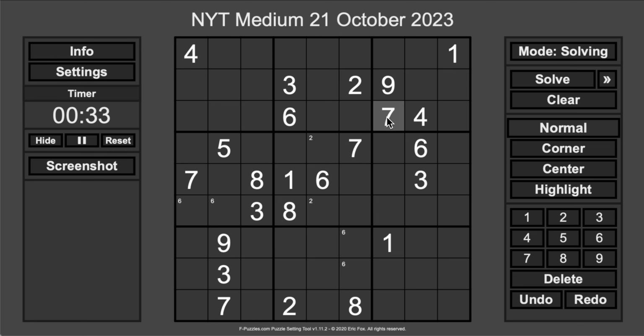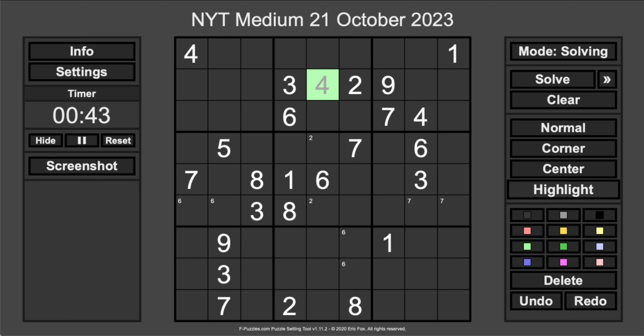This 7 along with that one force one of these to be a 7. These two 4s actually force that. Let's see, this 8 and this 8 are going to force one of those two to be an 8.